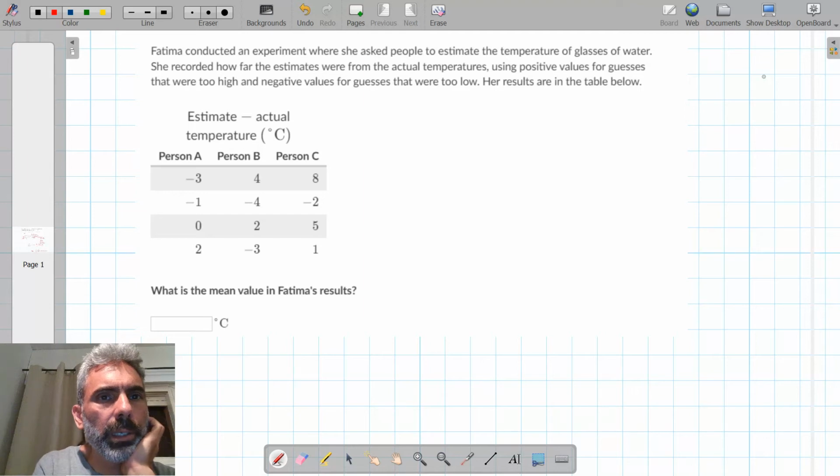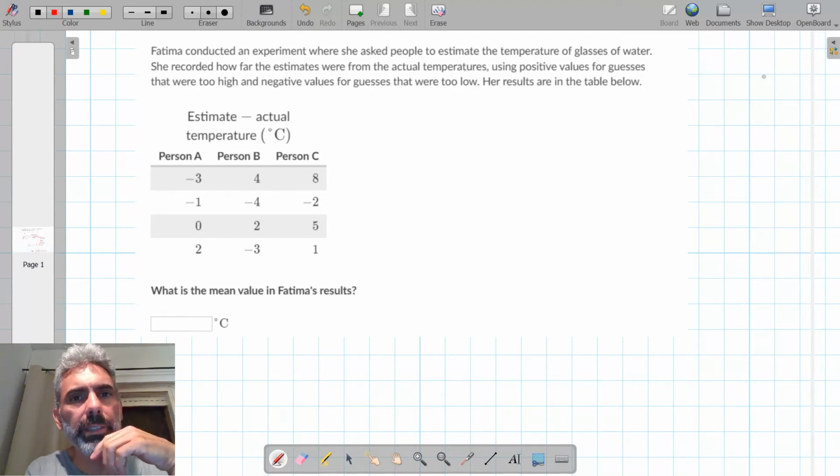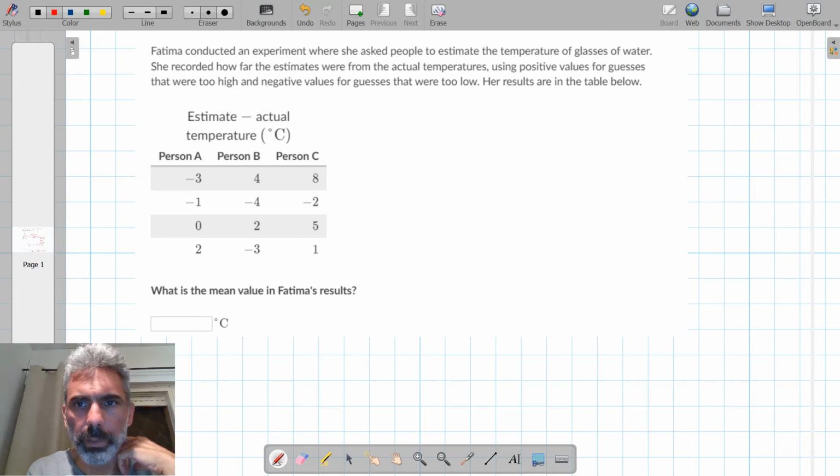Fatima conducted an experiment where she asked people to estimate the temperature of glasses of water. She recorded how far the estimates were from the actual temperatures, using positive values for guesses that were too high, and negative values for guesses that were too low.